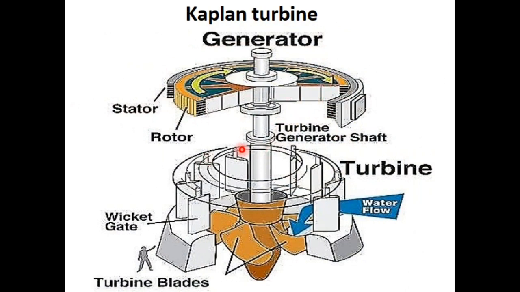In the Kaplan turbine, this is a blade of the turbine, and this is the flow of water which impacts the turbine, due to which it rotates. This is a shaft attached to the turbine. When the shaft rotates, in the generator electricity is formed.